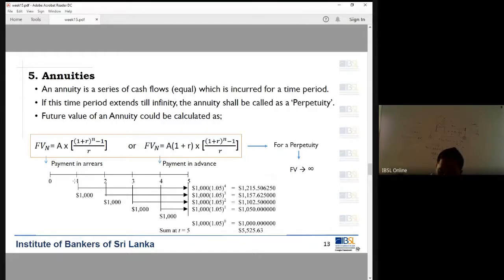That means this 1000 is going to move here. This year's cash flow of 1000 is going to come at 0. The second year comes to 1, third year to 2, fourth year to 3, and fifth year to 4. So this is the last point.